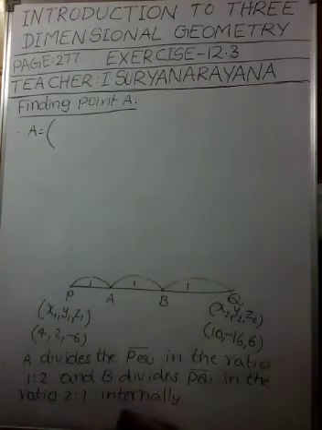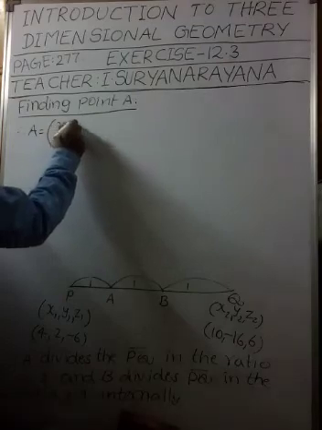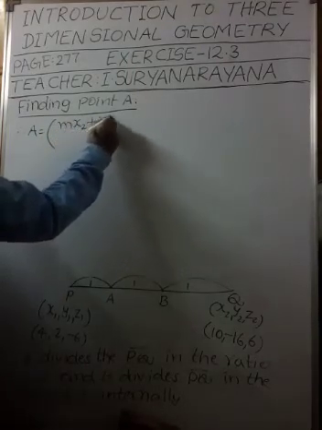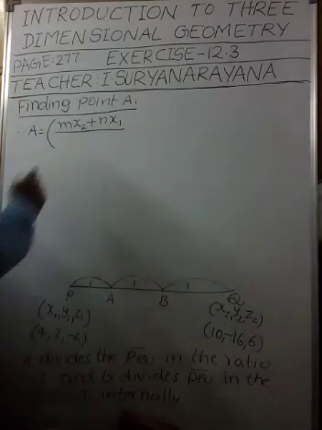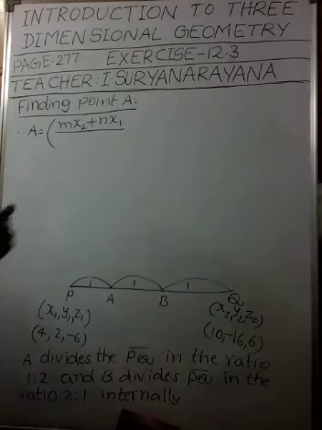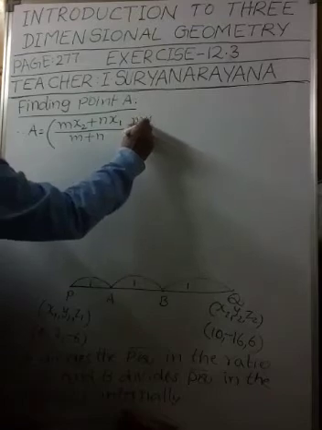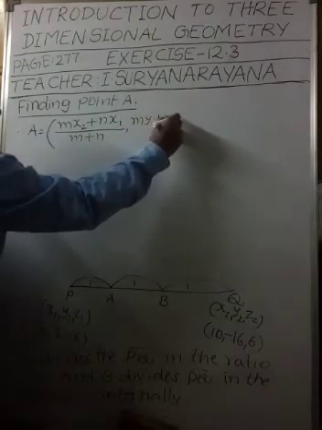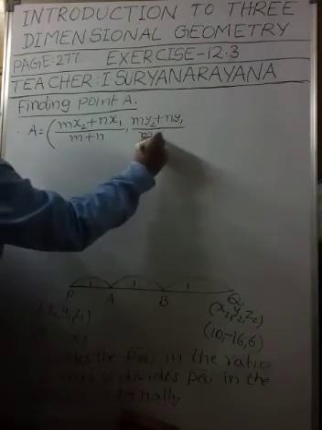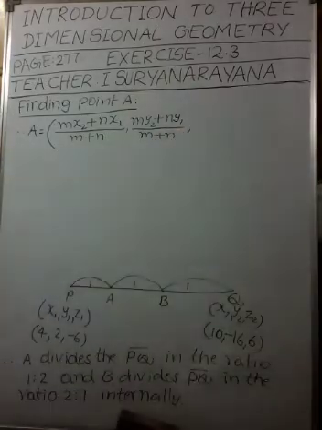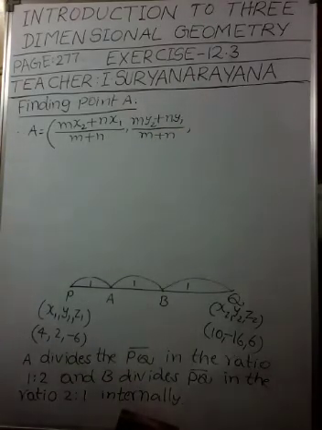What is the section formula? mx2 plus nx1 by m plus n, my2 plus ny1 by m plus n.